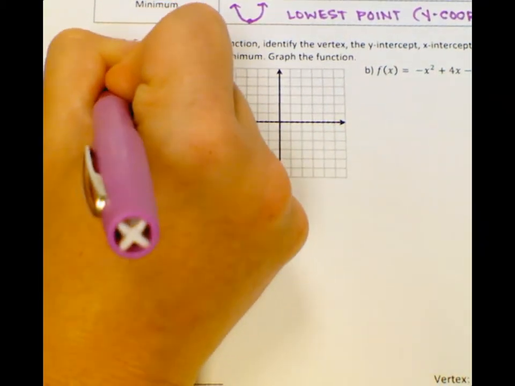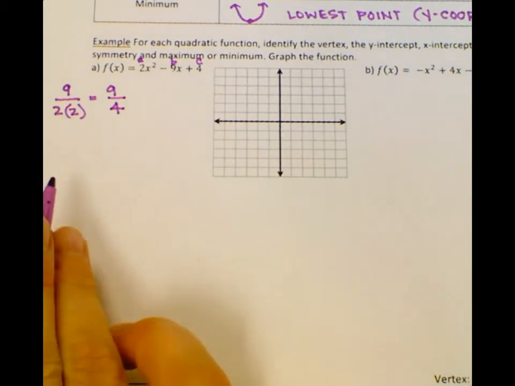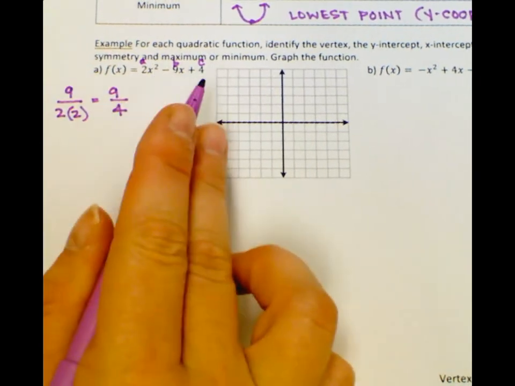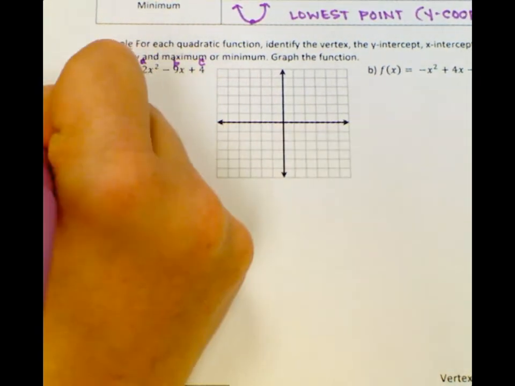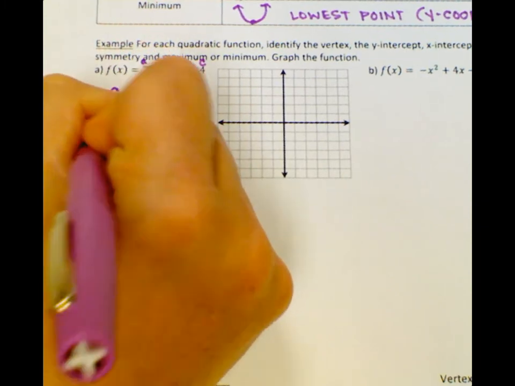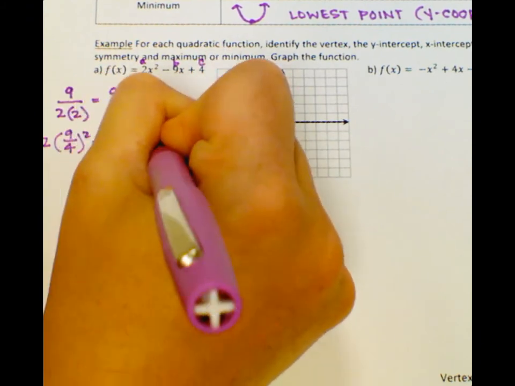So this is 9 over 4. That is your x-coordinate. Now we're going to take that 9 over 4 and plug it into the equation to get our y-coordinate. So we'll do 2 times 9 over 4 squared minus 9 times 9 over 4 plus 4.